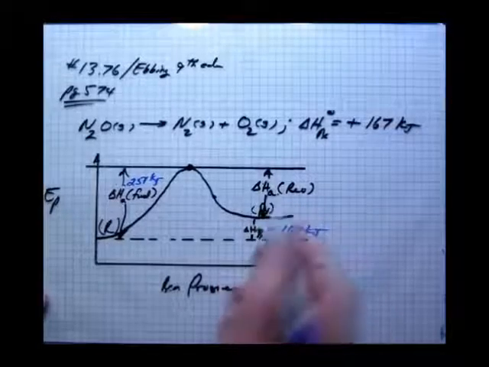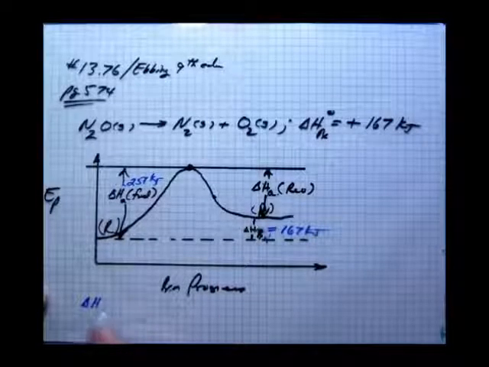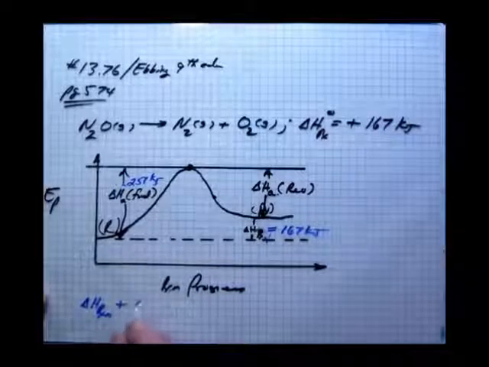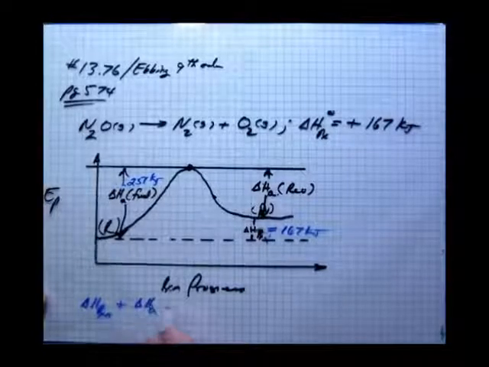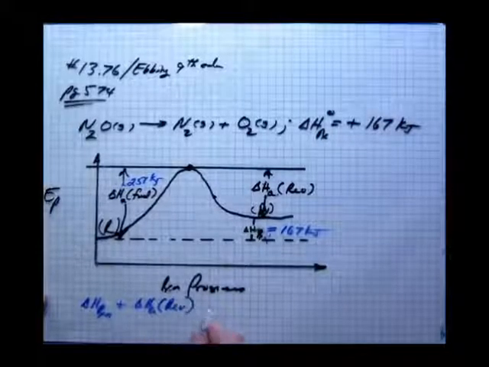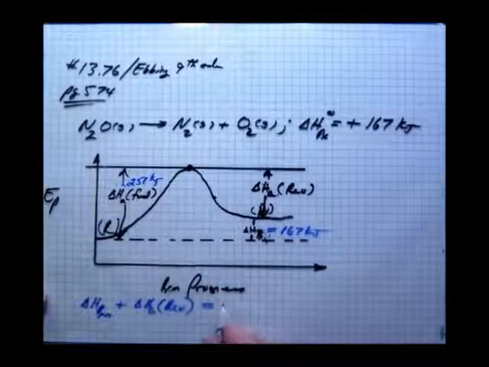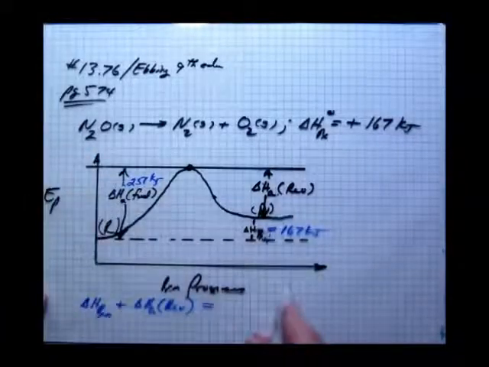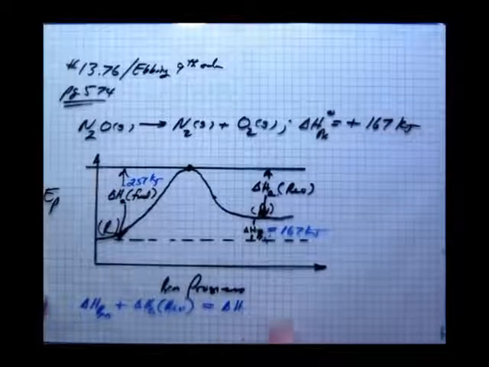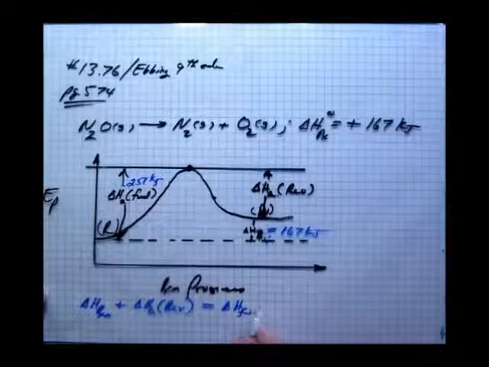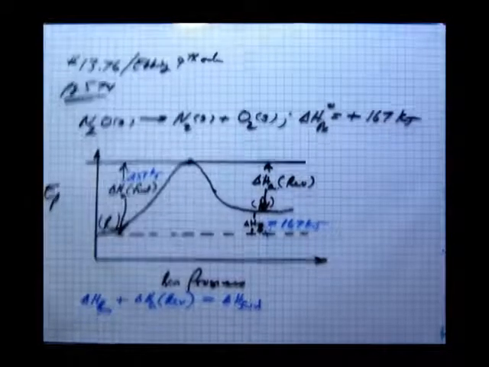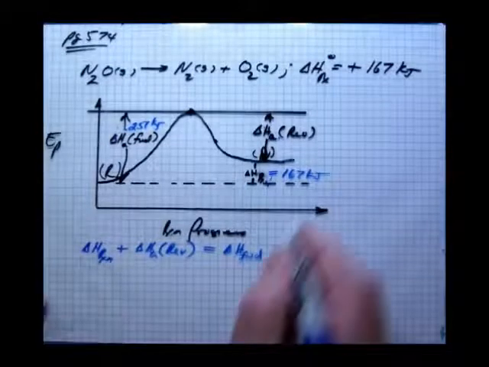But you still have delta H of the reaction plus delta EA for the reverse reaction equal to that distance of the forward reaction. And you substitute and solve, and you get the answer you need.